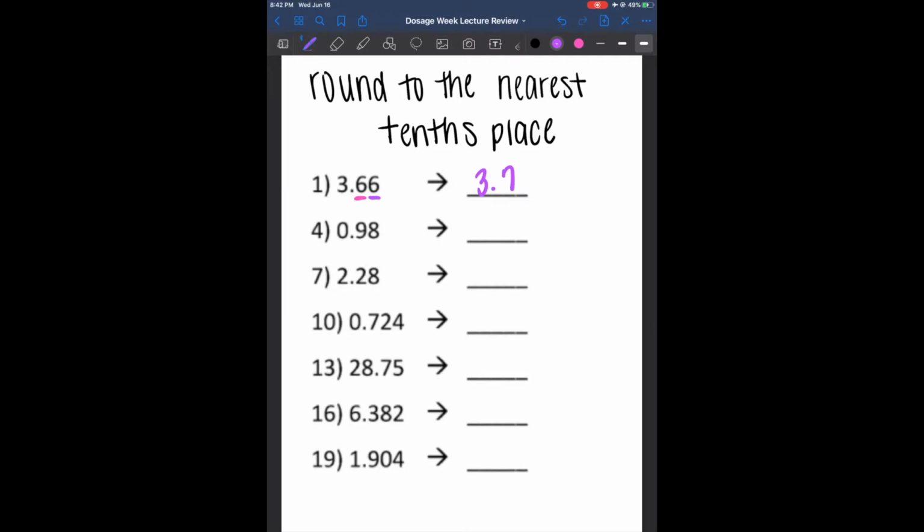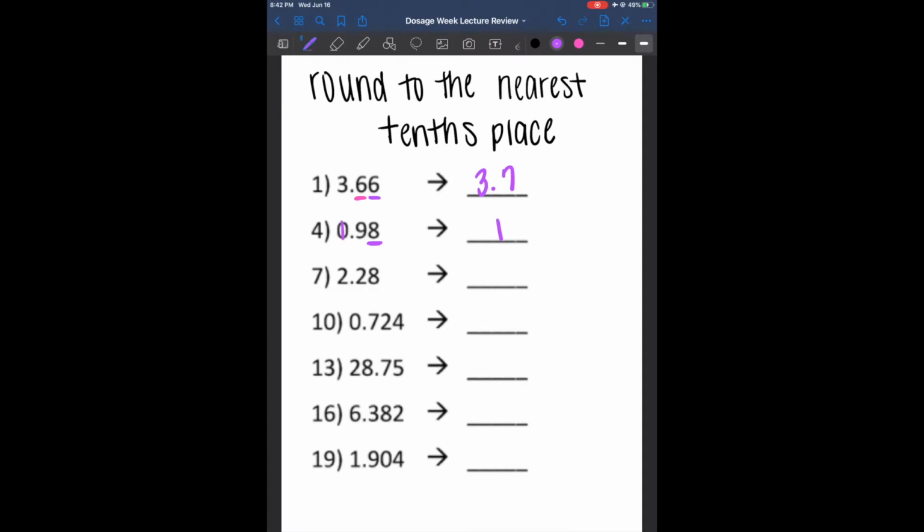0.98. We're basing our rounding on the 8, which is between 5 and 9. So we want to add 1, meaning that this would become essentially just 1, because the one higher than 9 is 10.